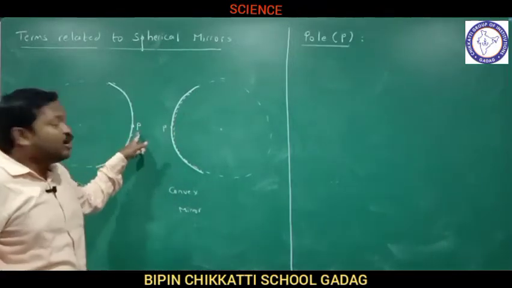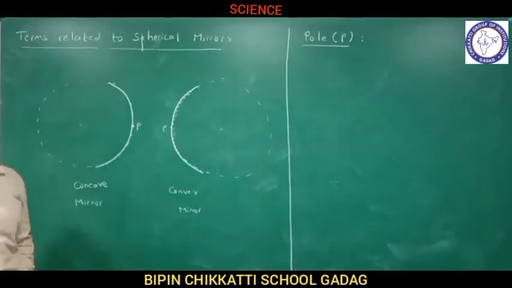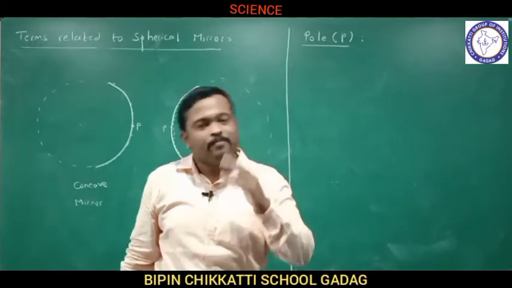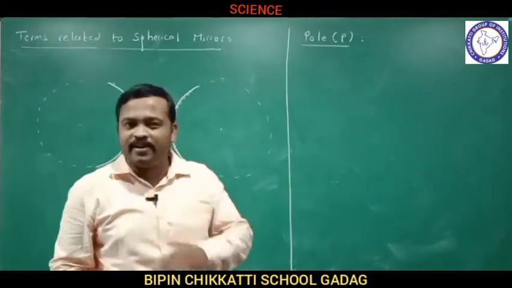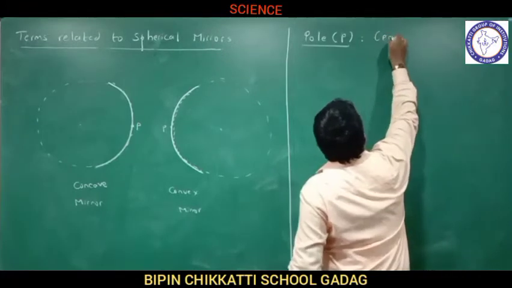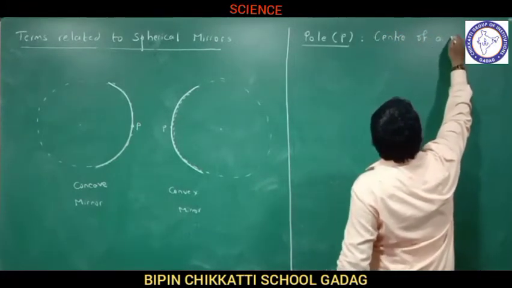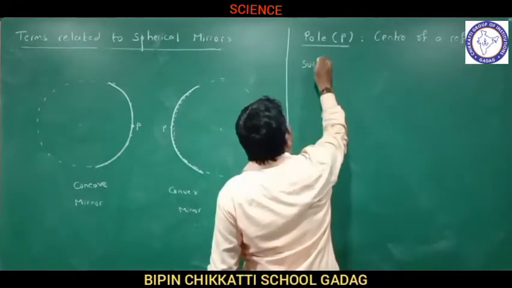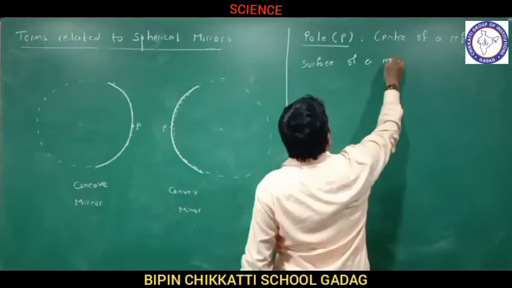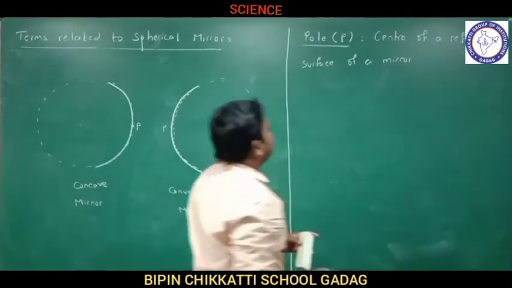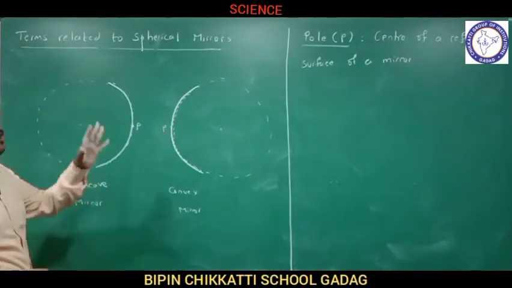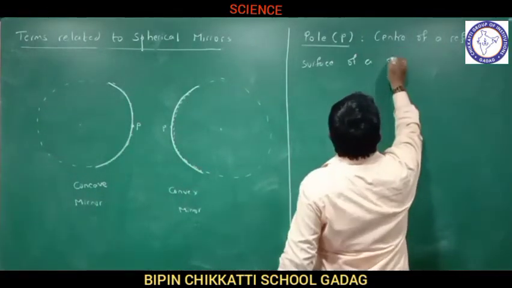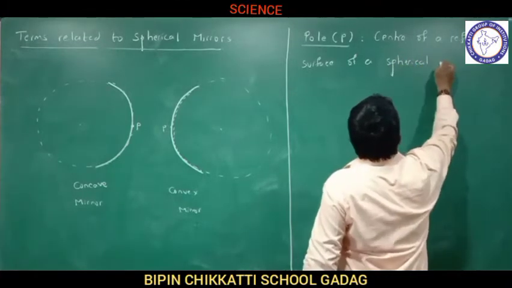So what is a pole? The pole is the center of the mirror. If this is a mirror, the center of the reflecting surface of the mirror is called the pole. Simple. What is the pole of a mirror? The pole is the center or midpoint of the reflecting surface of a spherical mirror.